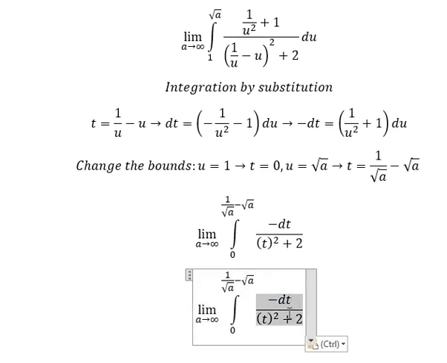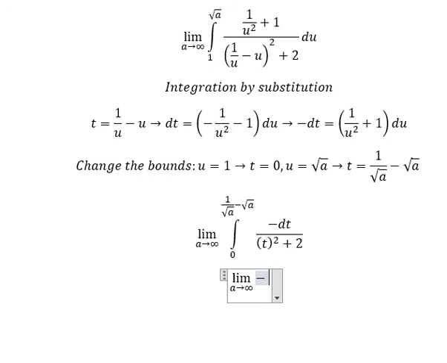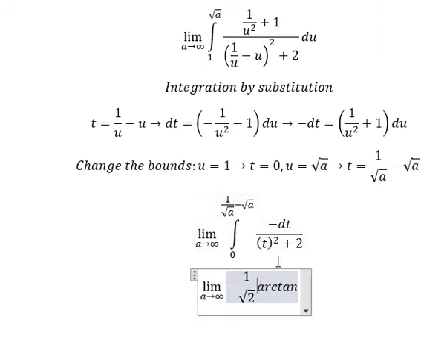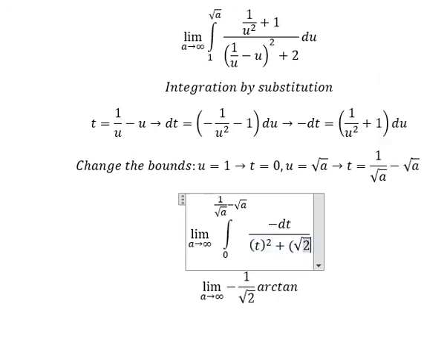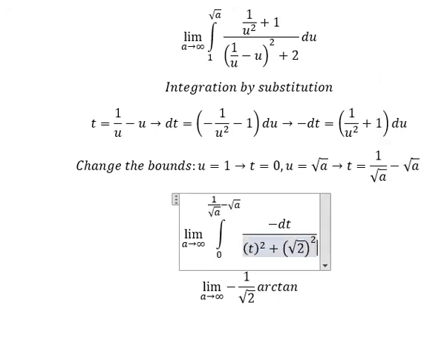So the integration of this one, we have negative arctan, and we have 1 over the square root of number 2, because number 2 in here is the square root of number 2 to the power of 2.